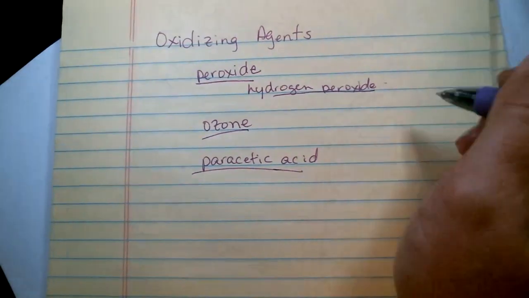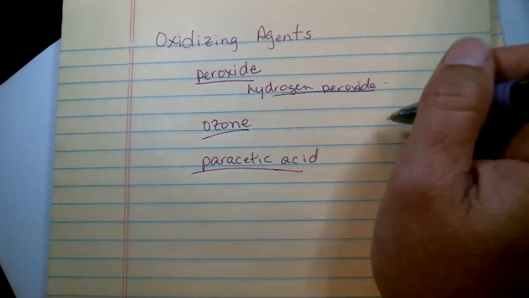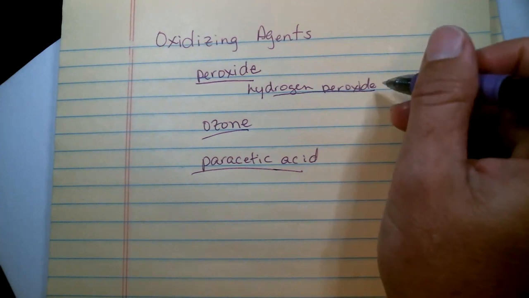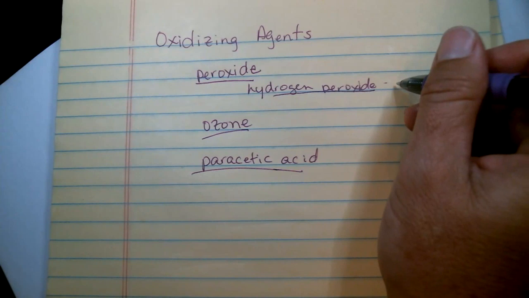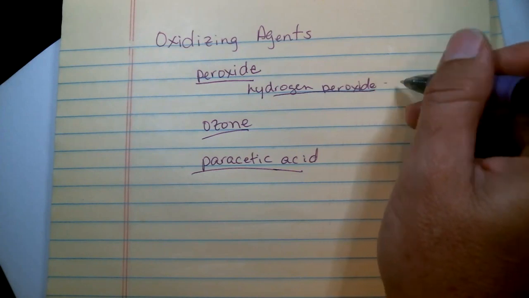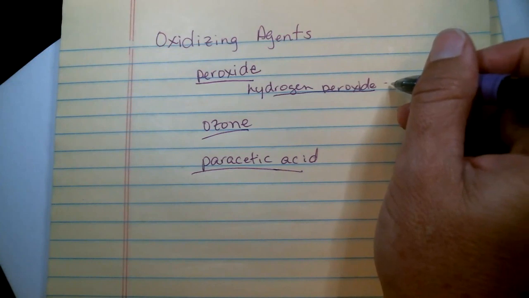The reason why we don't want to put hydrogen peroxide on a wound, especially an incision site, is because it destroys cells. Well, that's great. It kills bacteria. That's wonderful. However, the issue is it will also destroy your cells.